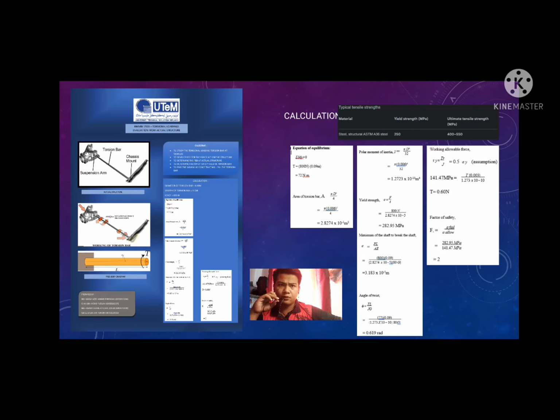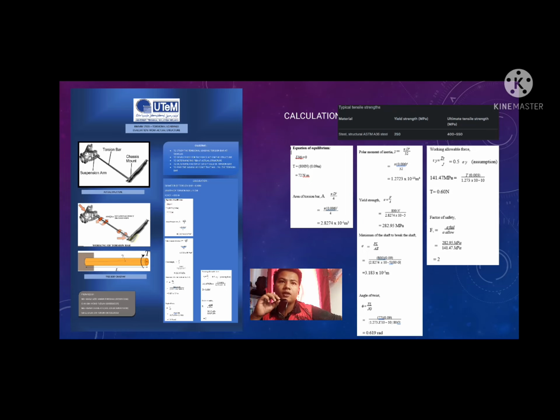We get 800 Newton times 0.09 meter divided by area 2.8274 times 10 power of -5 times 800 giga of Young modulus. There will be 3.183 times 10 power of -5 meter for the maximum length of the shaft.